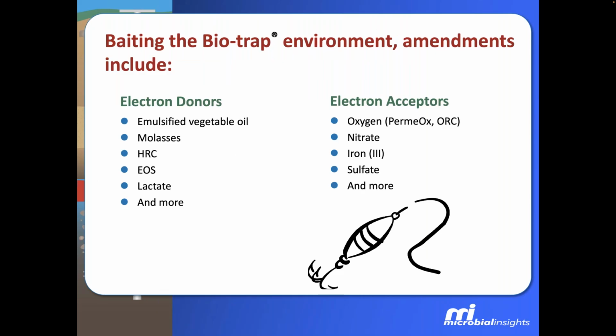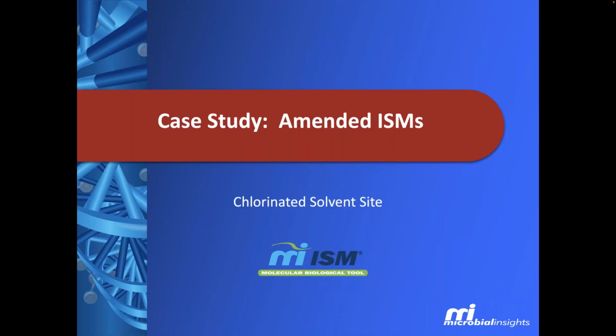All kinds of electron donors, anything that you can imagine that's out there and available commercially, can and probably has been used. The same thing can be said of different electron acceptors. Again, whether you're talking about chlorinated hydrocarbon sites, hydrocarbon impacted sites, or novel or emerging contaminants.